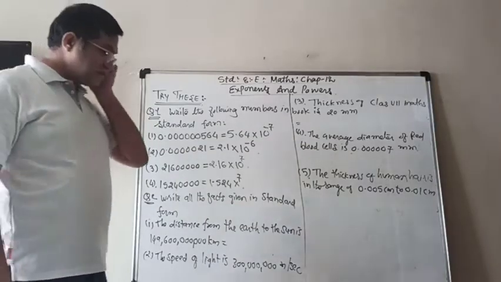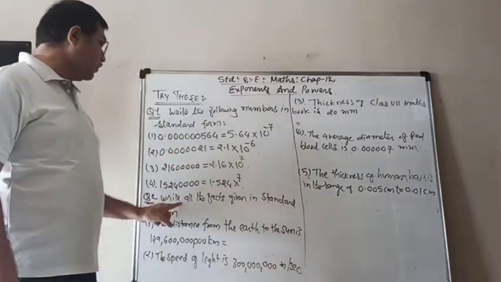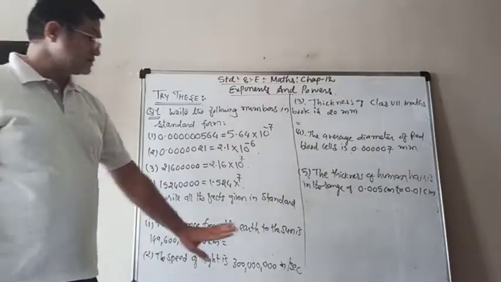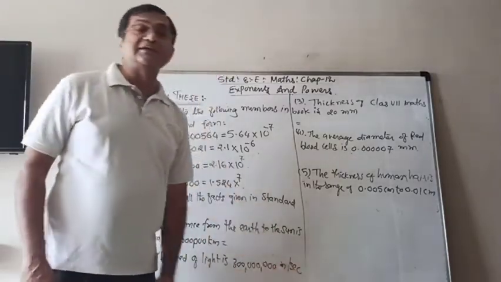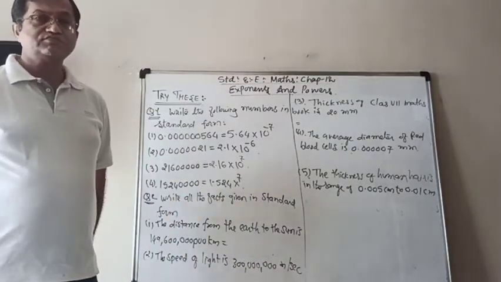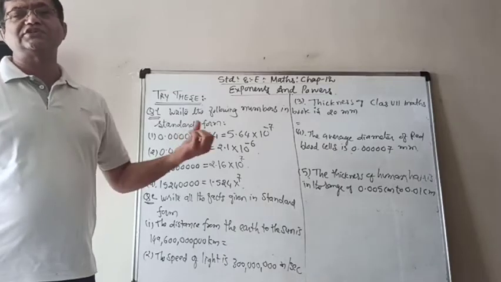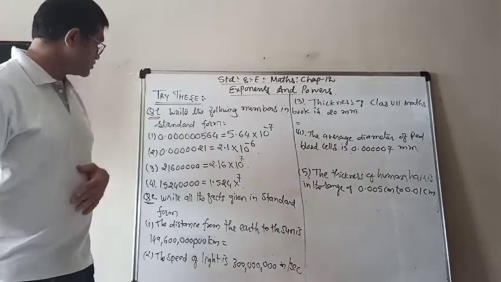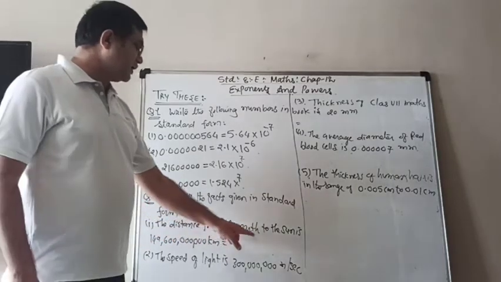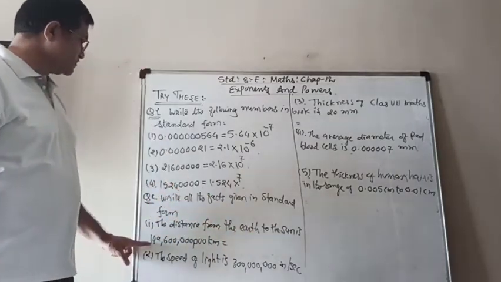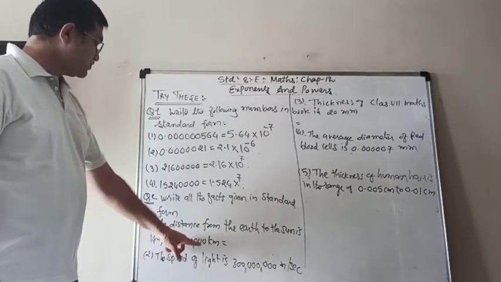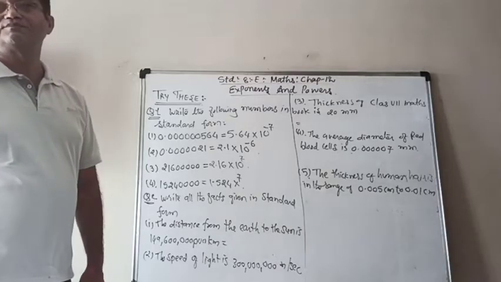Now the second question is to write all the facts given in standard form. You can see that on page number 198 there are some facts given. And those facts we have to write down using the standard form. First one is the distance from the earth to the sun, which is 149,600,000,000 kilometer.